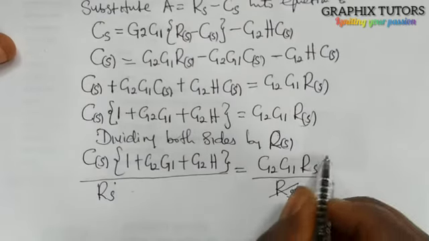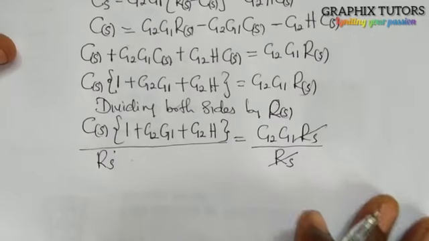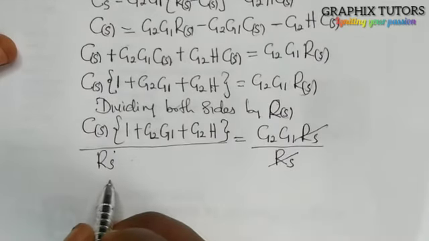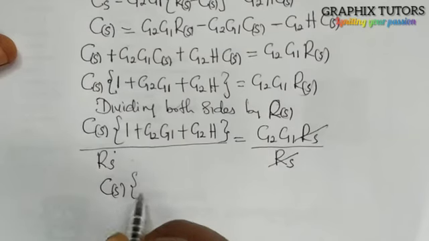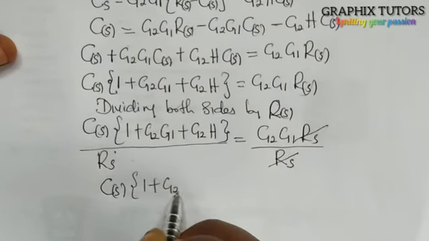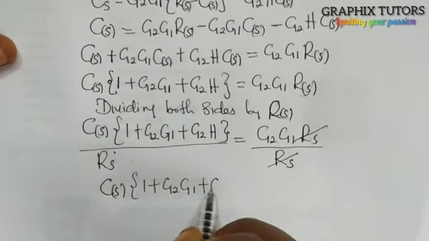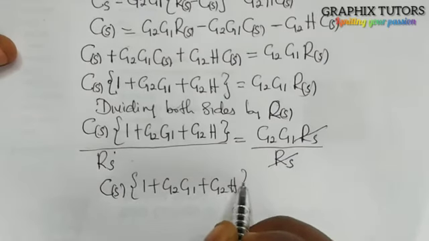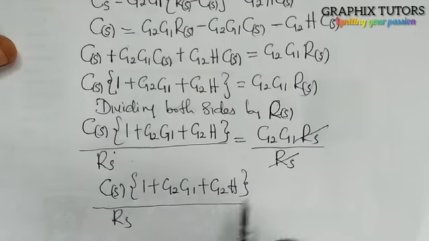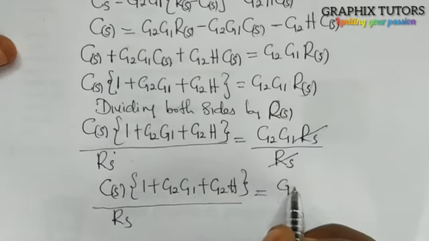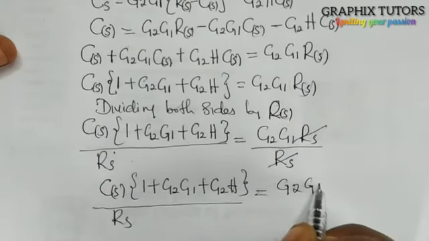So this will equal this, and we'll be left with 1 plus G2G1 plus G2H all over R(s) equals G2G1.